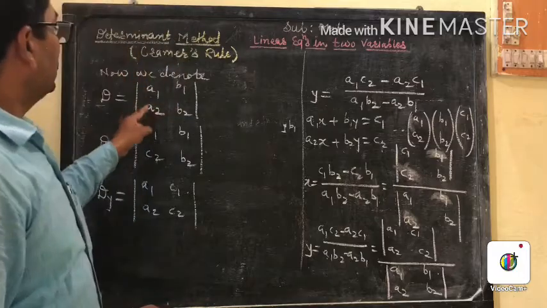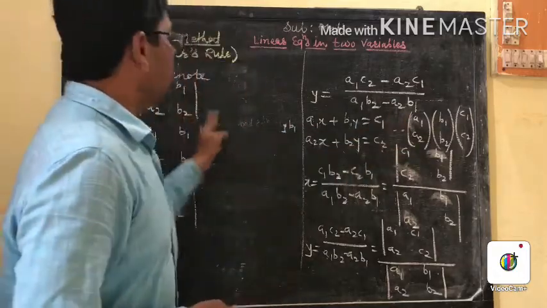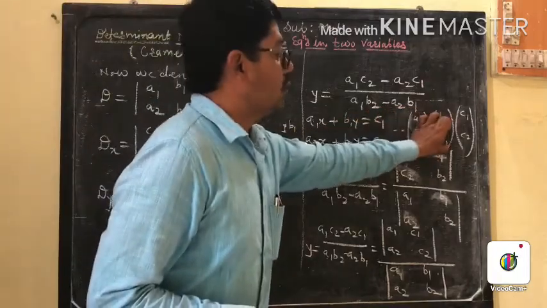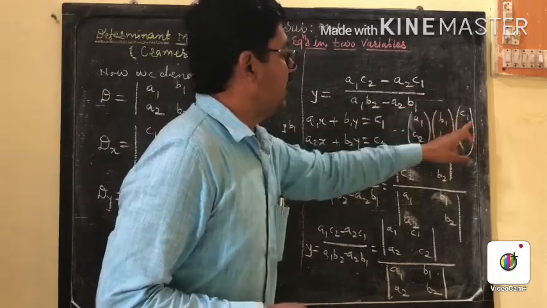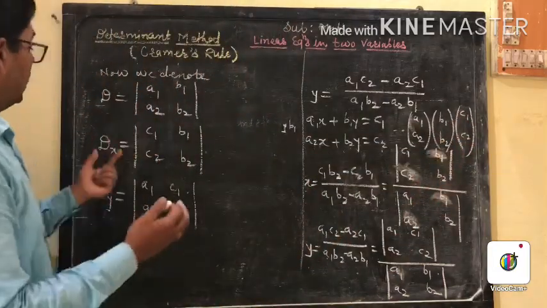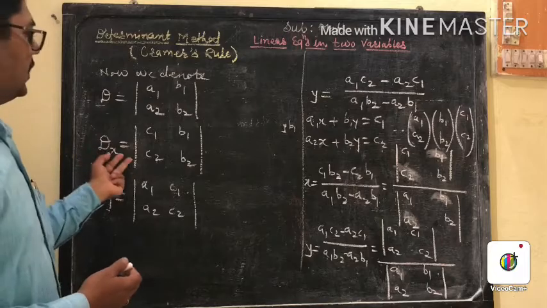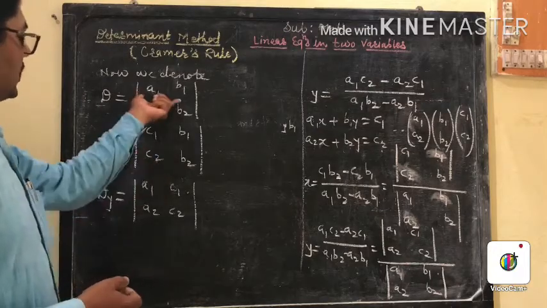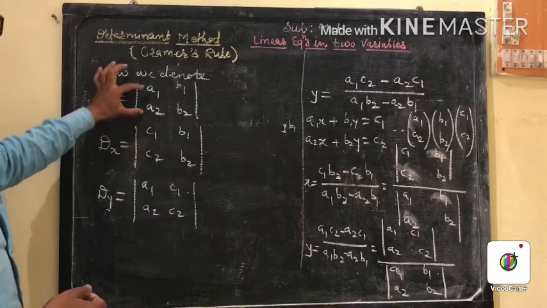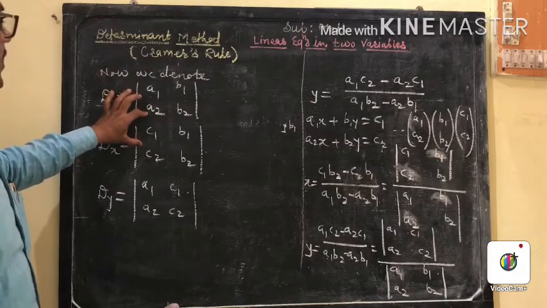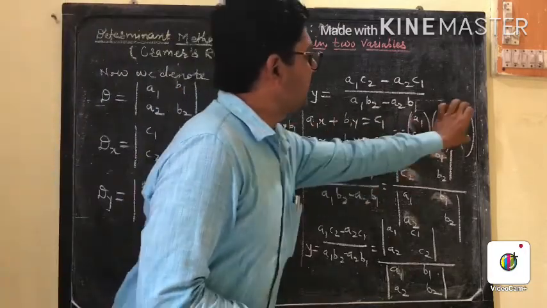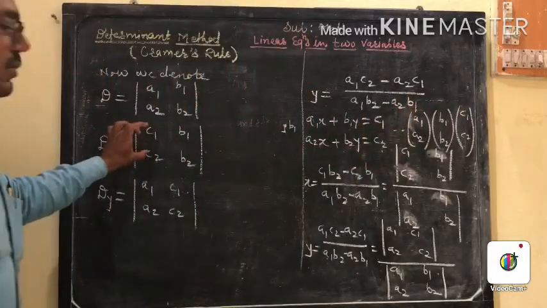In this determinant only two columns are used, and we eliminate c1 and c2 for finding the value of D. Now Dx: in the determinant of D, a1 a2 is replaced by c1 c2. Remember this.